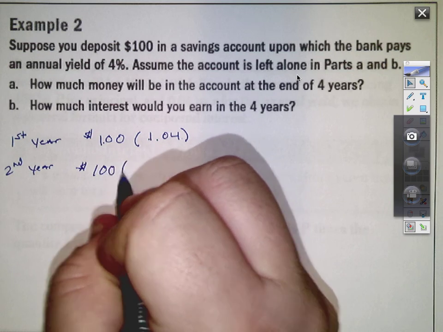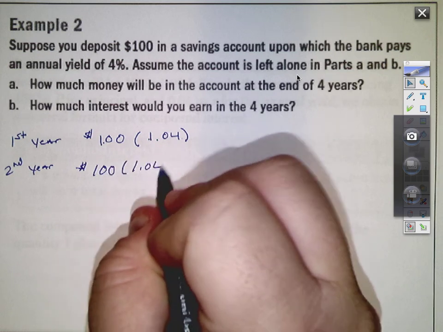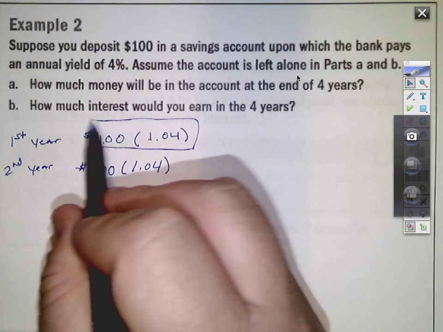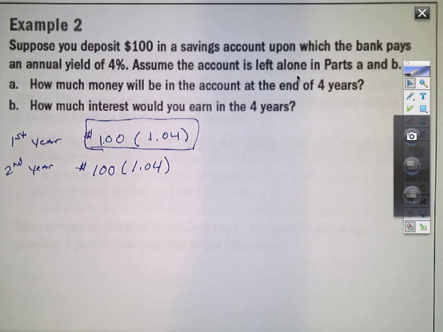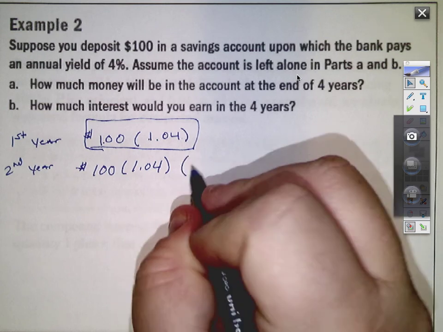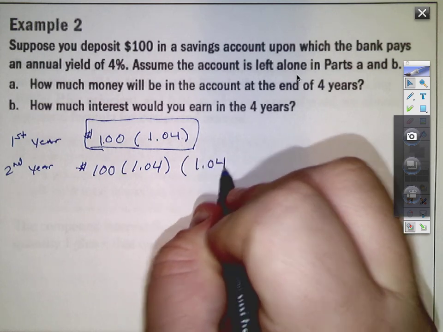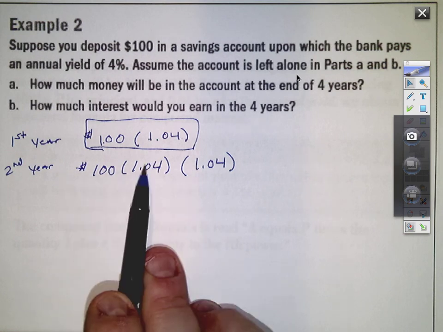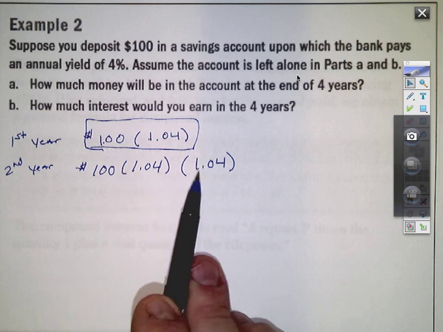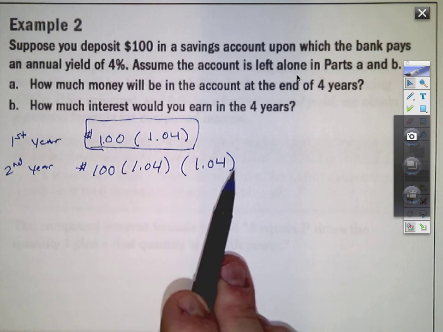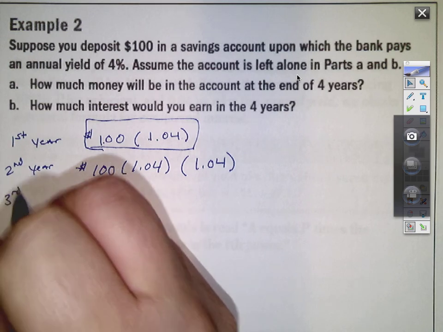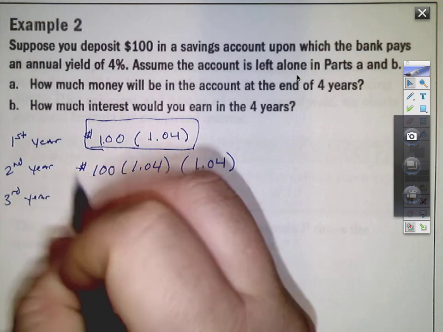Okay? In my second year, I'm going to have the same amount from the previous year, which is all this, times another 1.04, because I'm going to multiply it, I get all of this, plus this amount multiplied times 0.04.